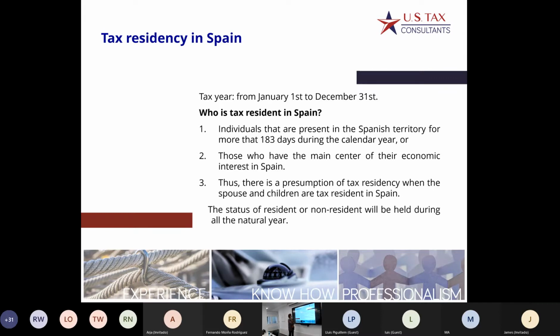Okay, I'm going to start with the tax residency in Spain and the Spanish tax obligations. In the previous slide, it was the IRPF and the tax form 720. The deadline to file the tax form 720 expired last March 31st.